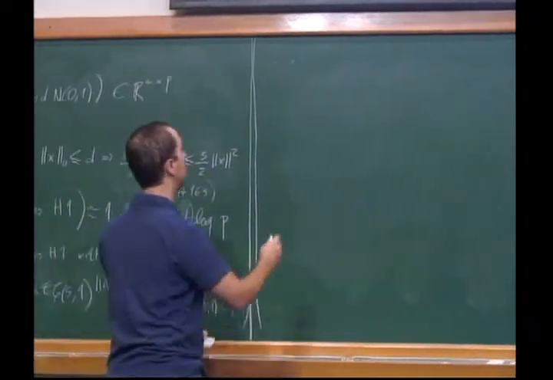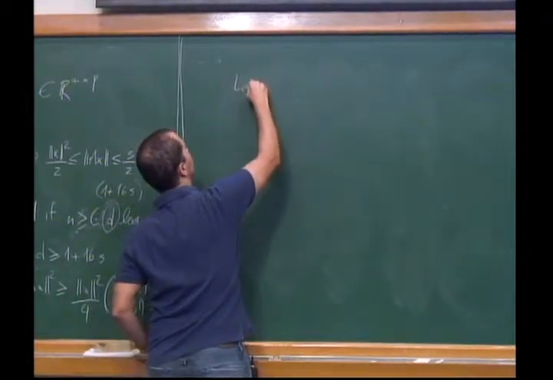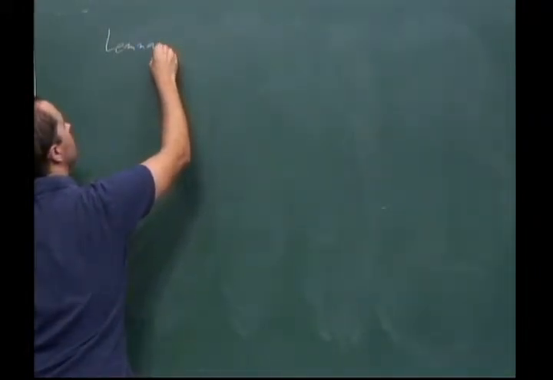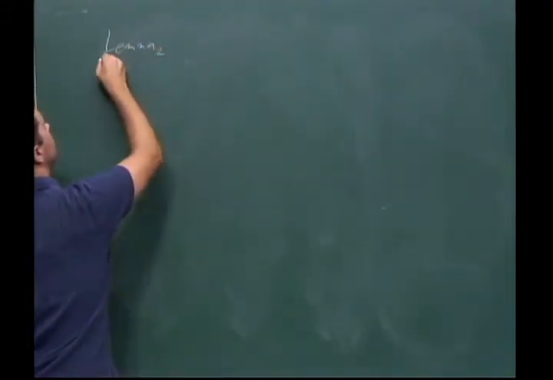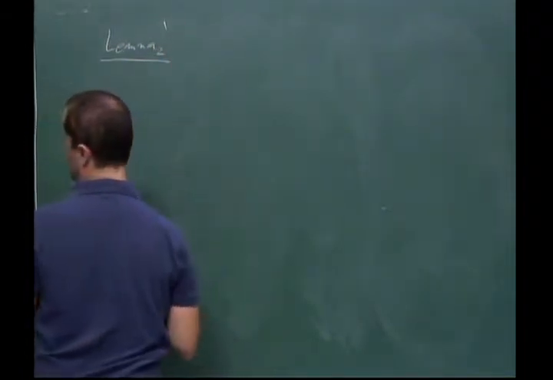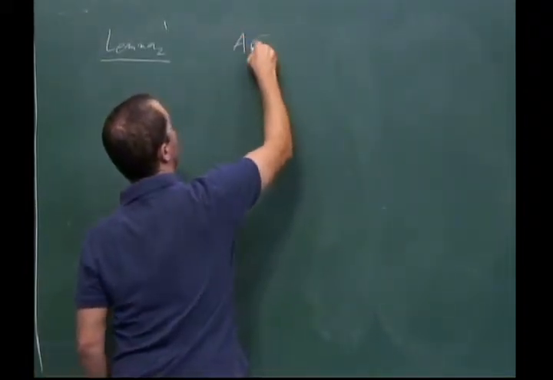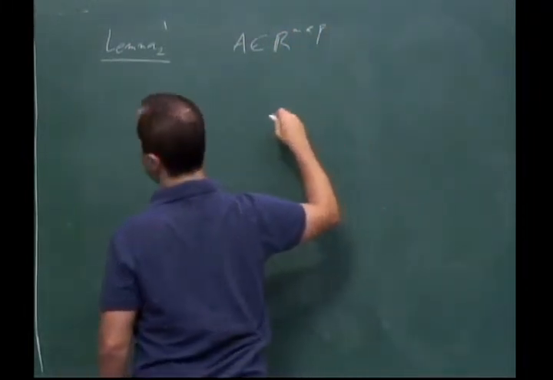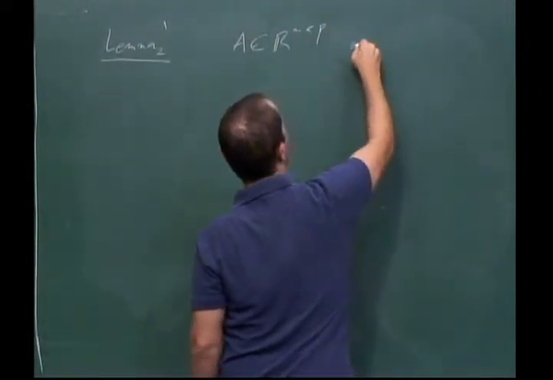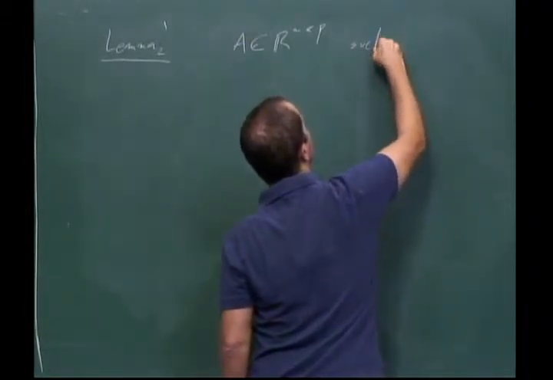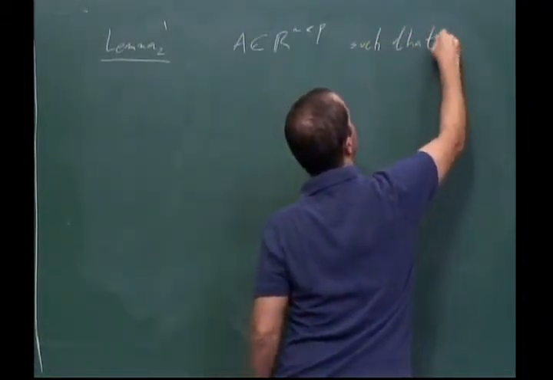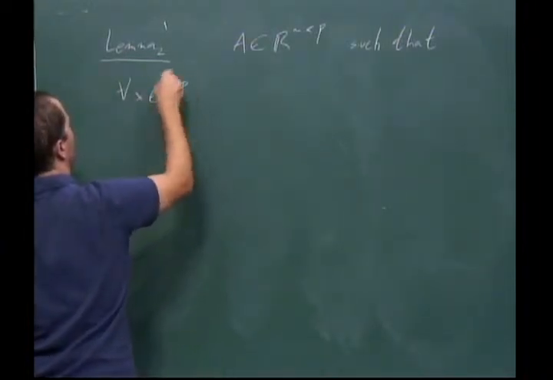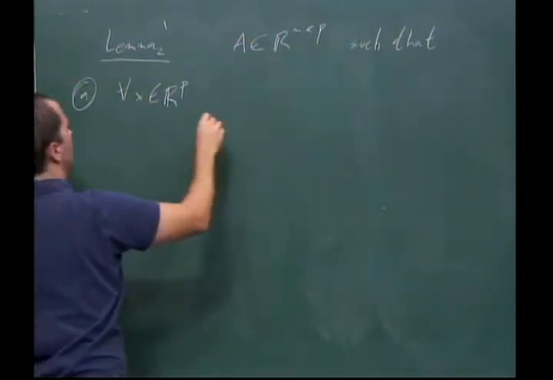Right, so let me restate lemma 2 here. You have a matrix in R^(n times p) such that for all x in R^p, so you need two assumptions.